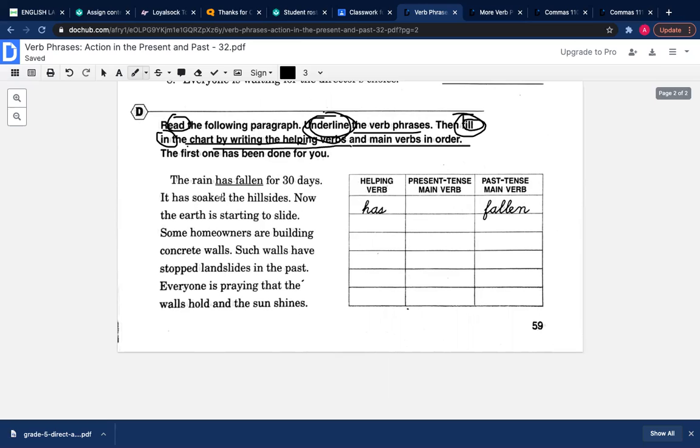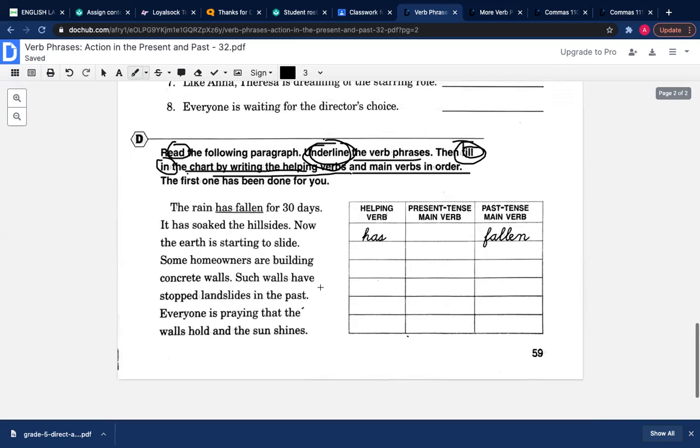All right, let's take a look at our paragraph. It says, the rain has fallen for 30 days. It has soaked the hillsides. Now the earth is starting to slide. Some homeowners are building concrete walls. Such walls have stopped landslides in the past. Everyone is praying that the walls will hold and the sun shines.